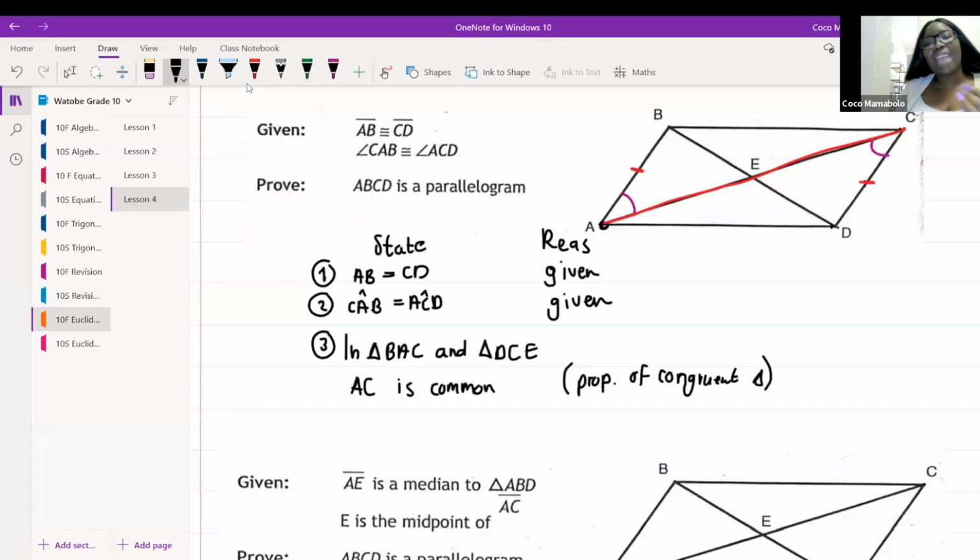Yes, it's a diagonal, but it doesn't prove anything at the moment. Somebody did say that here there is an angle, and this angle. What do we call these two angles over here, guys?